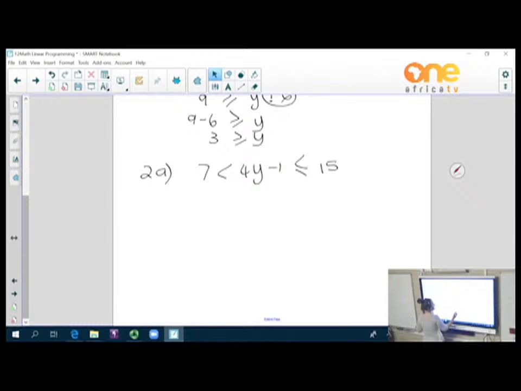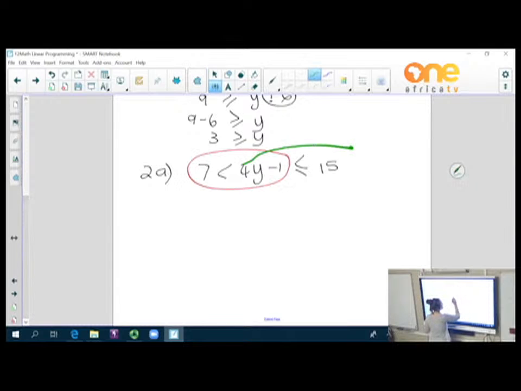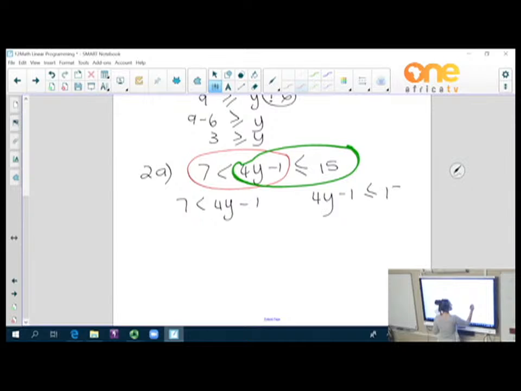Like I said in the previous lesson, we need two inequalities. So there we have our 2, and we will solve them separately. 4y minus 1, and the other one will be 4y minus 1 is less than or equal to 15, and we will solve them separately.